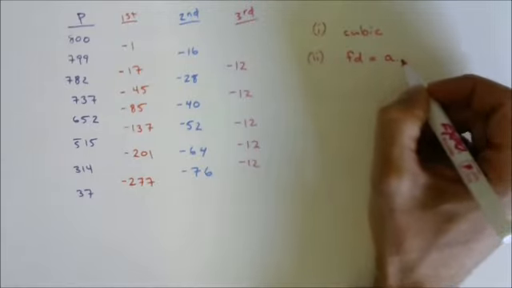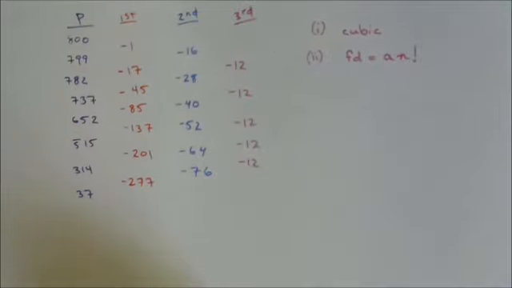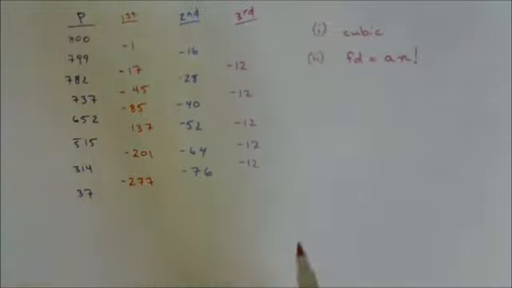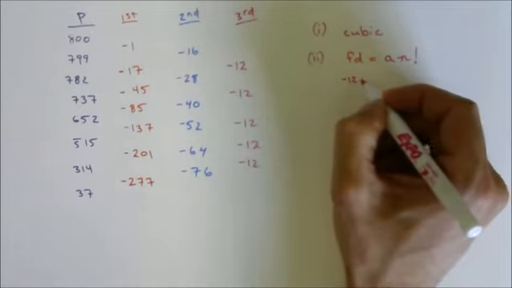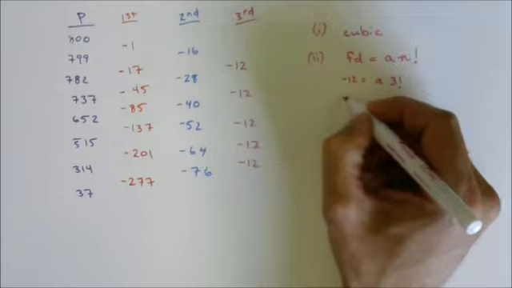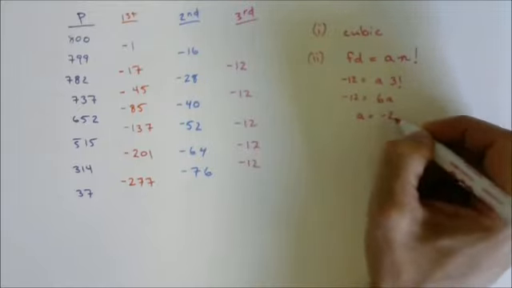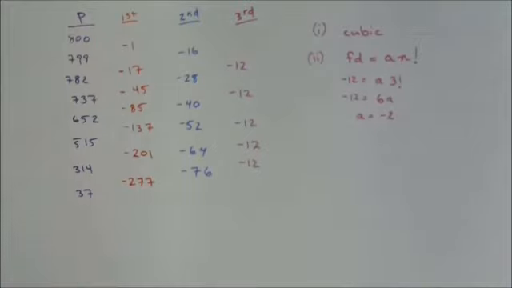FD equals A n factorial. You fill in the blanks and complete the algebra. And you can double check to see how you did on the board.